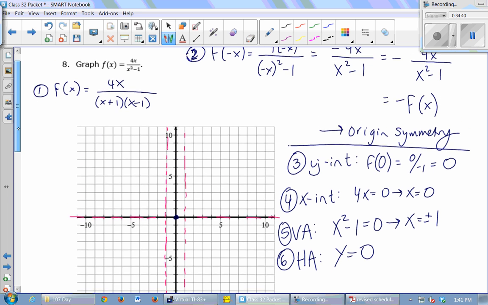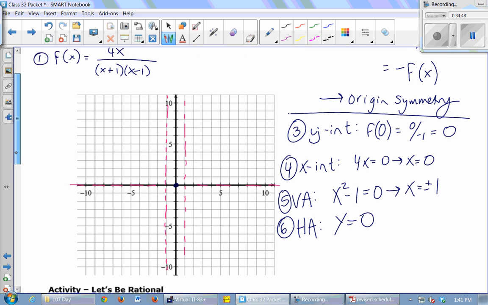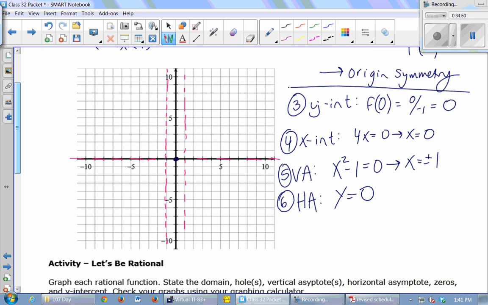So if I plug in a 2, I get 8 in the numerator and 3 in the denominator. 8/3 is almost 3. So I'm going to have 2 comma almost 3. And now that I know that the point is there, I know that my graph is just going to approach my asymptotes on either side.